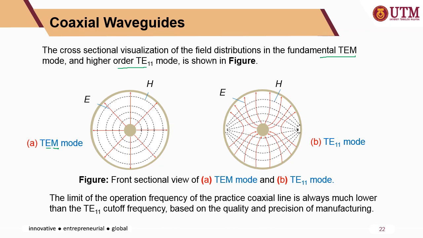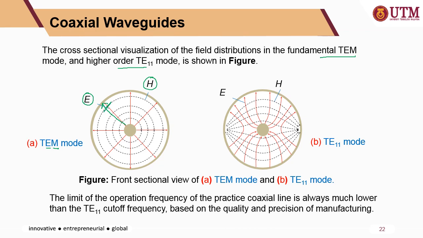So you can see that the E field is transverse, or perpendicular, to the cross section of the structure on both sides. So it's perpendicular, and the H field is also perpendicular to the E field.